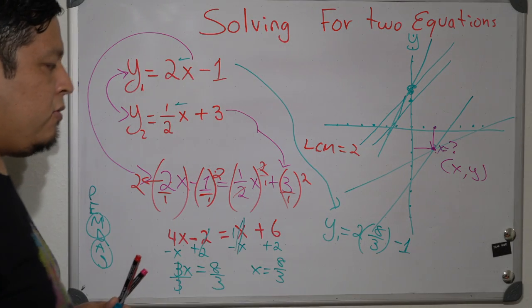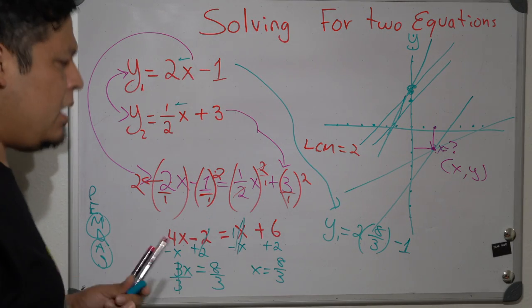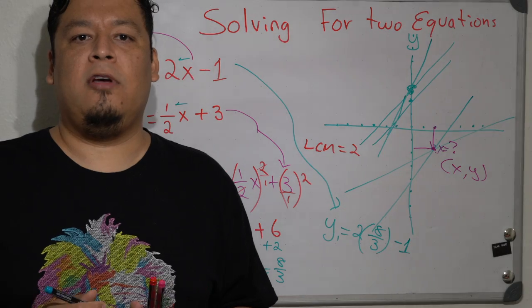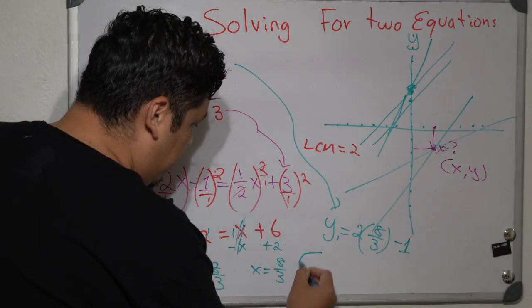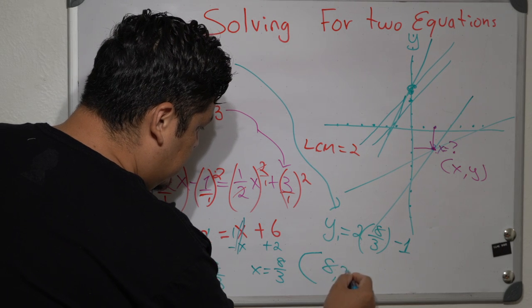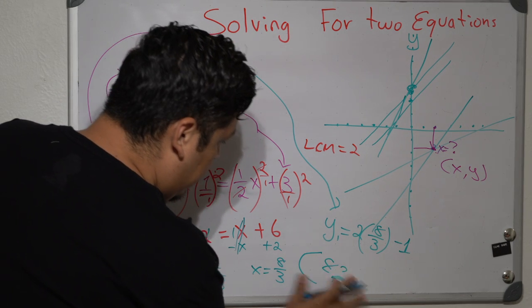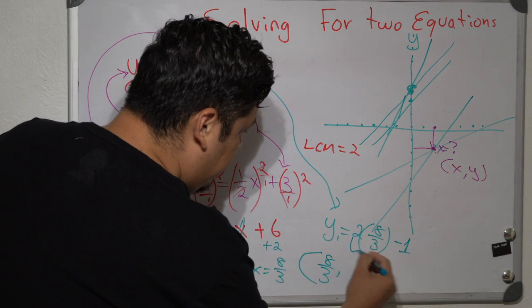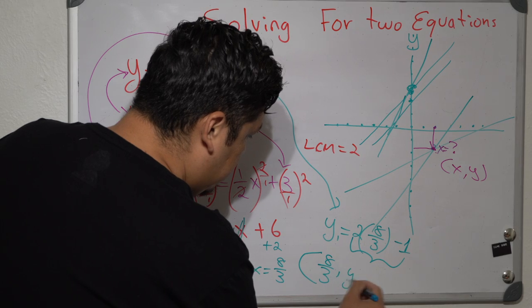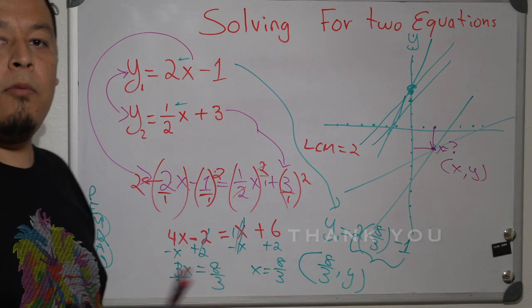You can work the math out. I'm not going to do it, but at this point, you see how the process goes. Once we identify the solution, we will simply have the x value as 8 over 3, comma, whatever this y value is. And then that will be our solution.